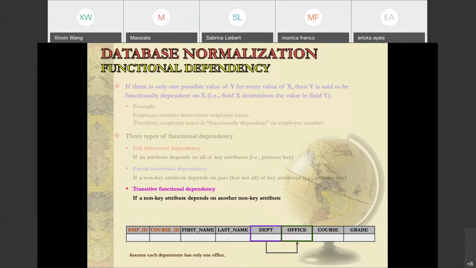The assumption is each department has its own office. If you belong to this department, you definitely go to the same office. If you guys belong to the same department, you go to the same office, right? So this is called transitive functional dependency.